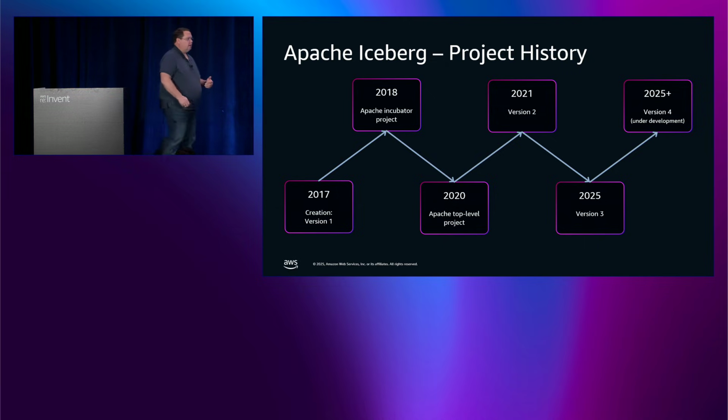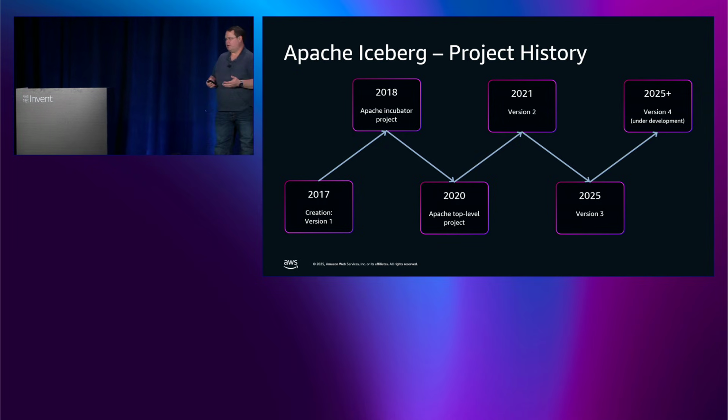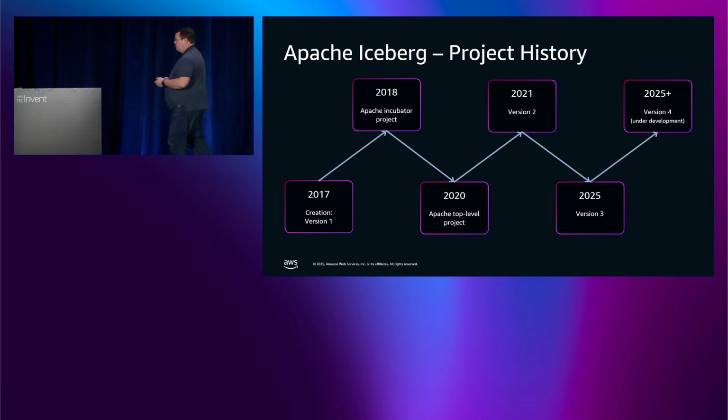In 2018, they started the process of moving it into the Apache Software Foundation. In 2018, Iceberg became an incubator project, which is the first toe step into the Apache Software Foundation. In 2020, it became a top-level project. This is where you get the formal governance, and you're following the Apache Software Foundation processes.